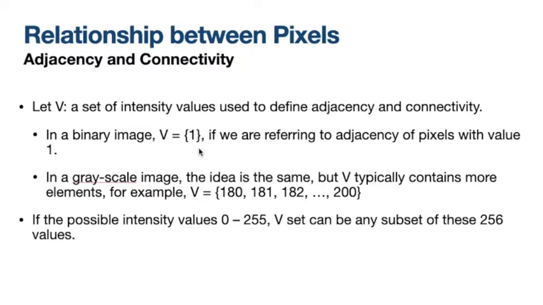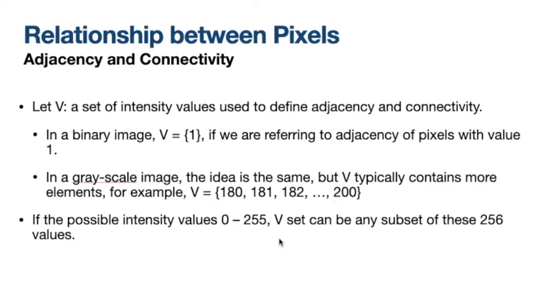Okay, so in the case of a grayscale image, the idea is the same, but here instead of V equal to 1 or V equal to 0, this set V can contain more intensity values. For example, V can be a set with values 180, 181, 182 to 200.